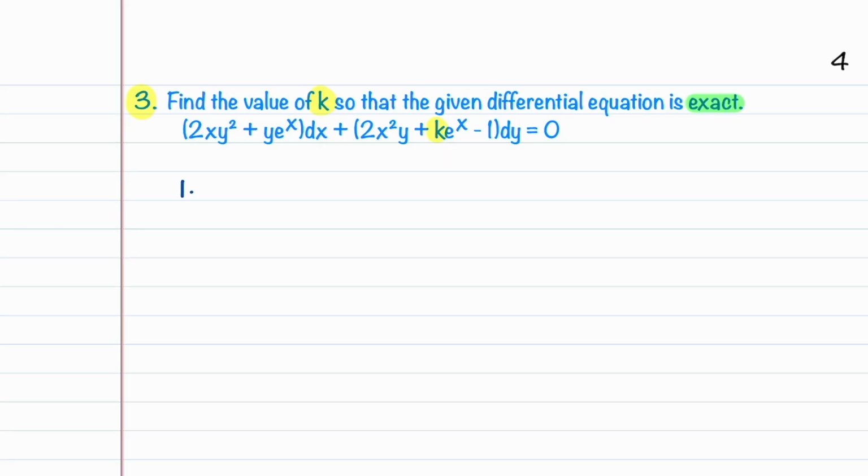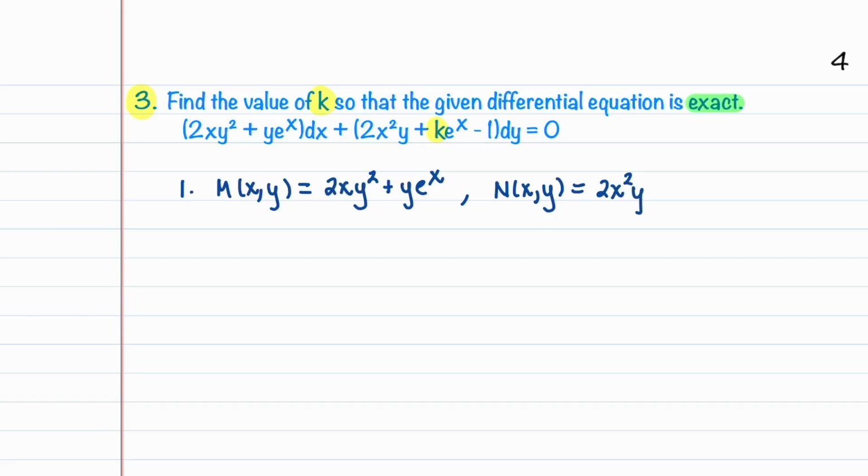So let's start by assigning M of x, y to the expression that multiplies dx, and that's 2xy squared plus y e to the x. And then we're going to let N of x, y, just like we did when we solved our exact equations, be the expression that multiplies dy.